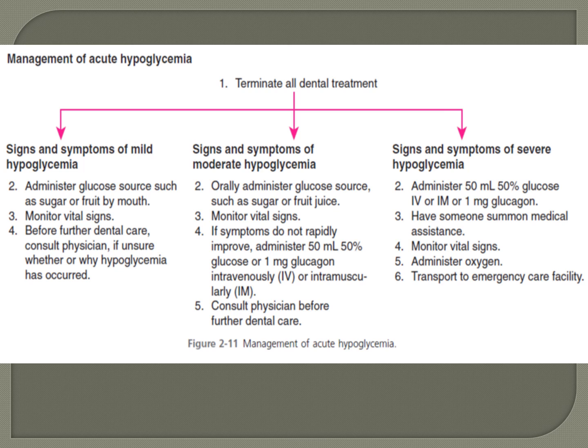If the symptoms are not progressive, then administer 50% glucose or 1 milligram of glucagon IV or intramuscularly and send the patient to the physician. For a severe case, administer 50% glucose IV or IM 1 milligram of glucagon, monitor vital signs, administer oxygen and transport for emergency care.